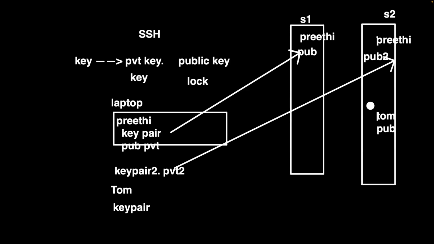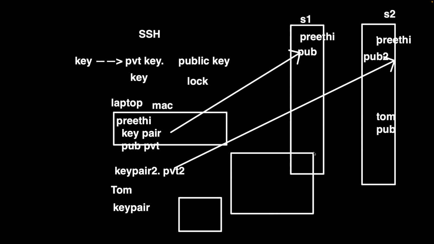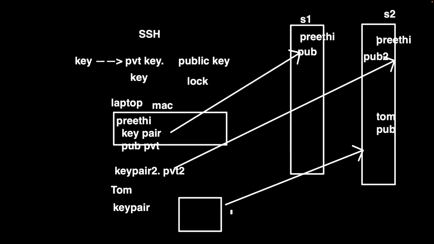Suppose I have two laptops, one is Linux, another one is Mac. Let's say I'm connecting from Mac, I want to connect from my Linux also. How can you connect? Let's say this is my Linux laptop, Mac. I have one more machine. From here also, I want to connect to this machine.